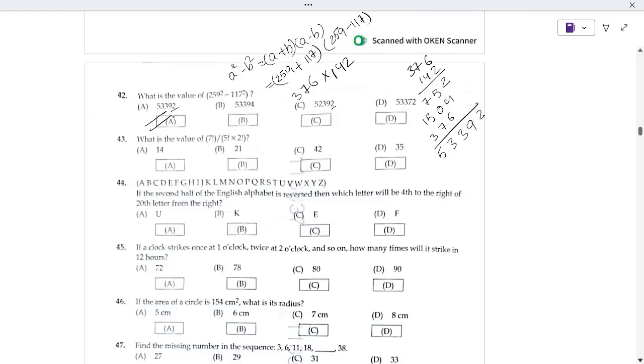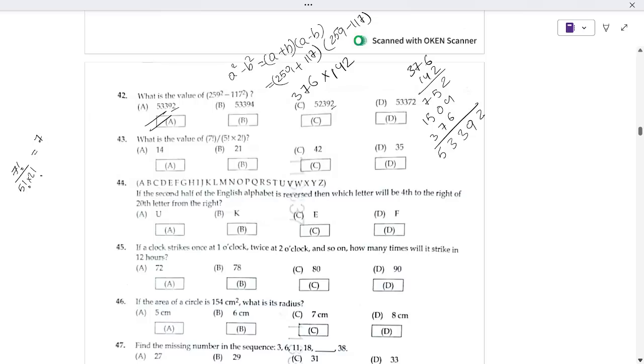Now this one is from factorial, right? This is simplification only, but with factorial, what do we do? 7 factorial divided by 5 factorial into 2 factorial. In 7 factorial, we decrease the number and multiply until we stop at 1.